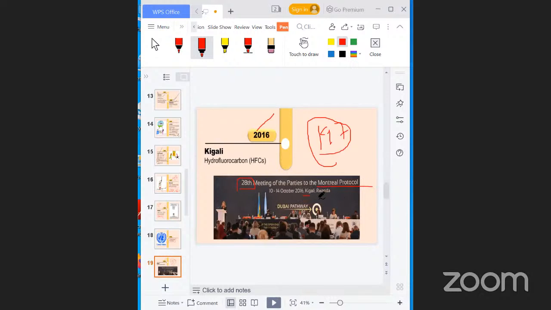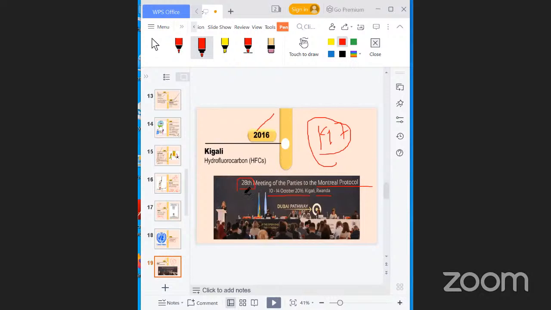Kigali is the capital city of the small African country Rwanda, and it was held on 10 to 14 October 2016.